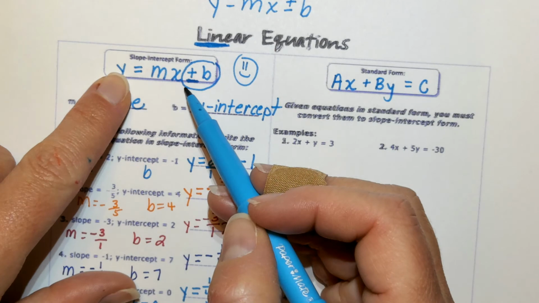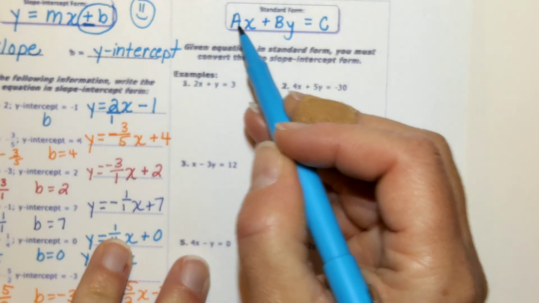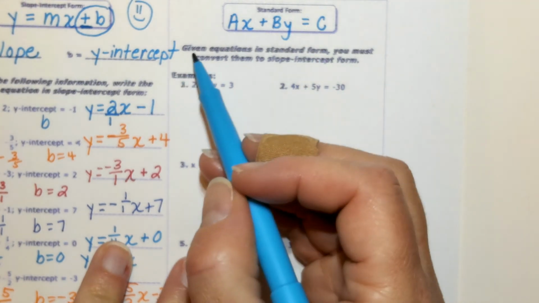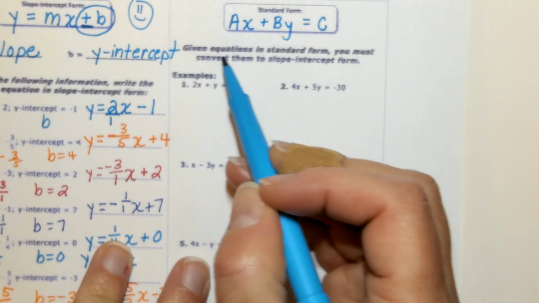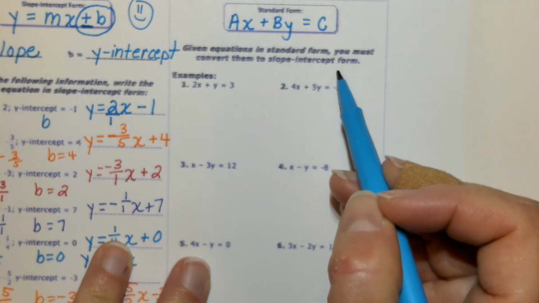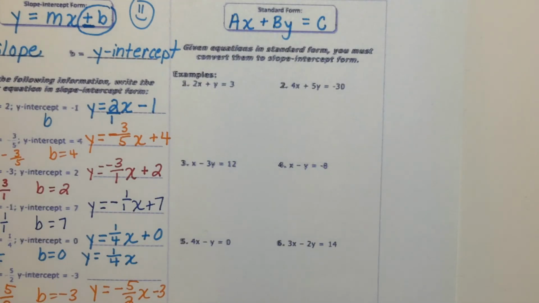I'll teach you either in the next lesson or possibly 2 lessons from now. But for today, you need to be aware that when you see a linear equation with the x term and the y term on the same side of the equal sign, this is standard form, and it can be manipulated into this form, and that's what we're going to practice doing.